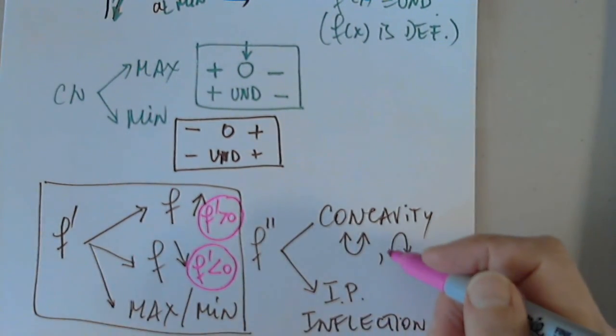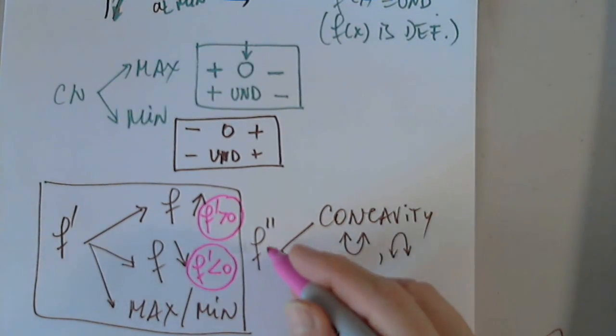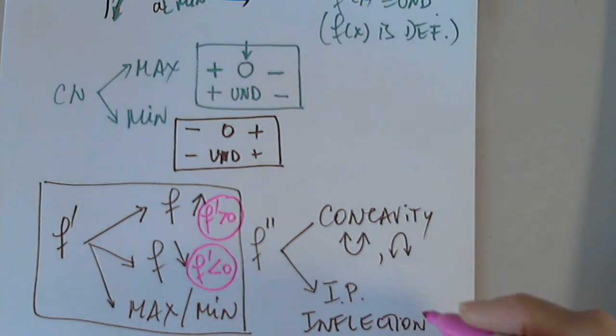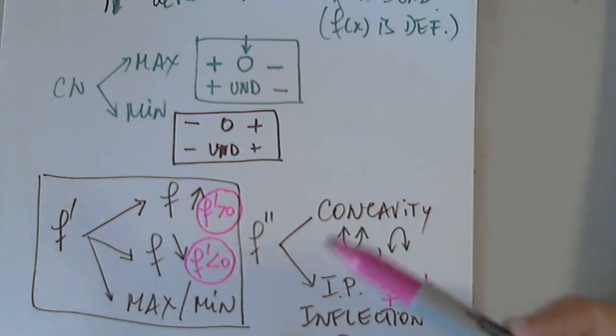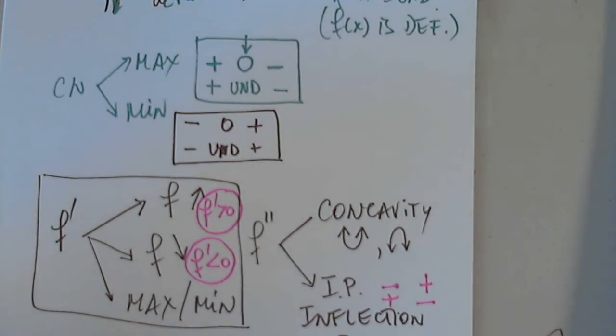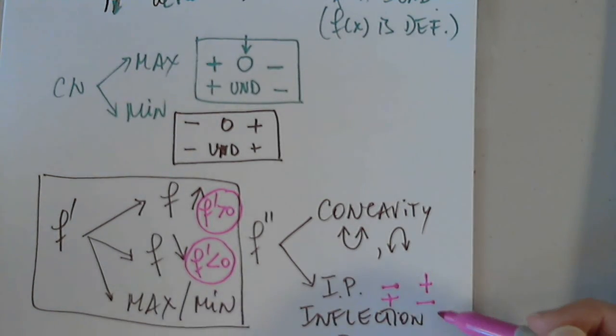Okay, what about concavity? For an inflection point, the second derivative must change sign, from positive to negative or from negative to positive. Even if I find a point that I hope is an inflection point, if the second derivative does not change sign, from opening down to opening up or from opening up to opening down, then that is not an inflection point.